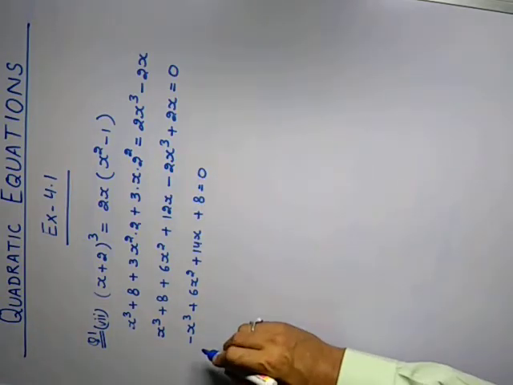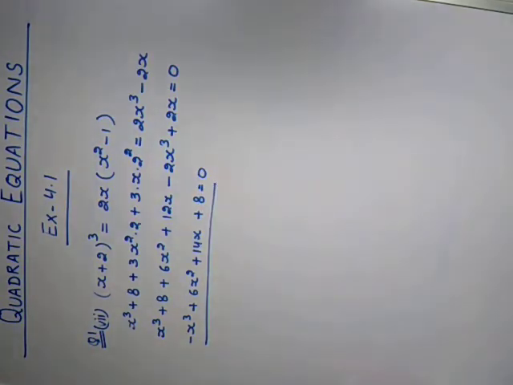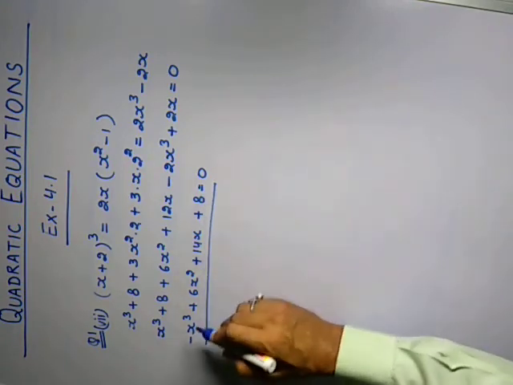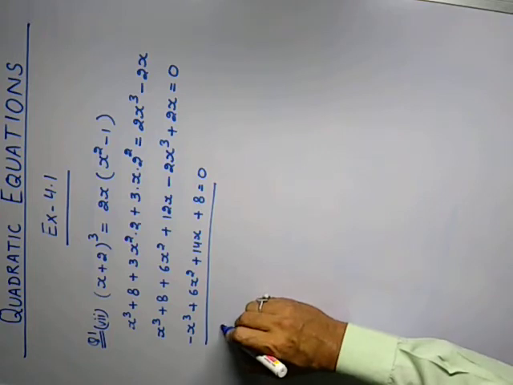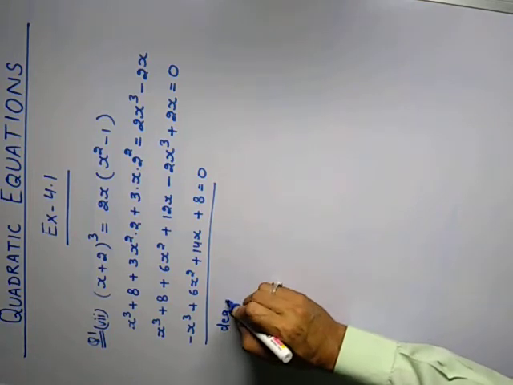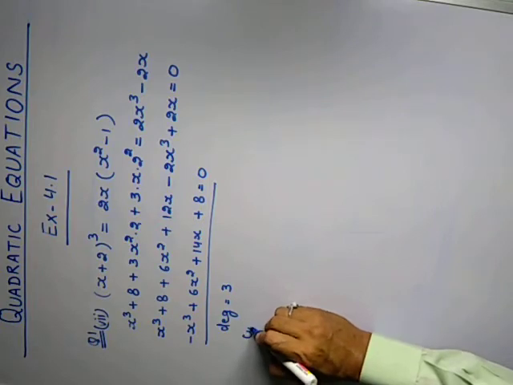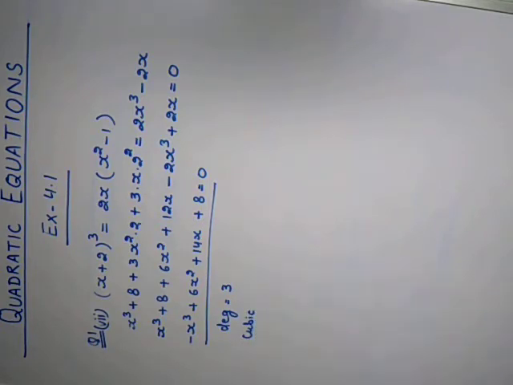So after simplifying we are getting this much. Now here you can see variable is x, highest power of x is 3. So degree of this equation is 3. So it is not a quadratic equation, it is cubic polynomial.